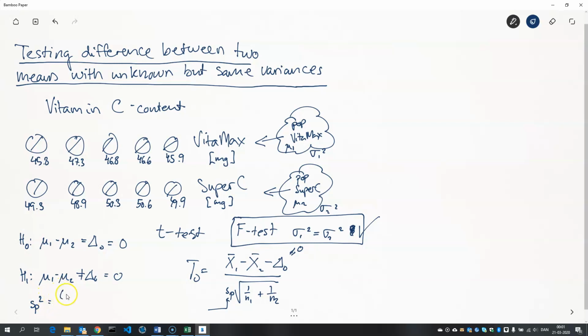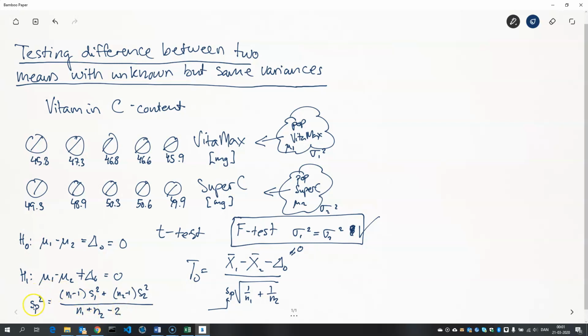It looks like this: n1 minus 1 times the variance of the first sample, and n2 minus 1 times s2 squared, so the variance of the second sample here, divided by n1 plus n2 minus 2.